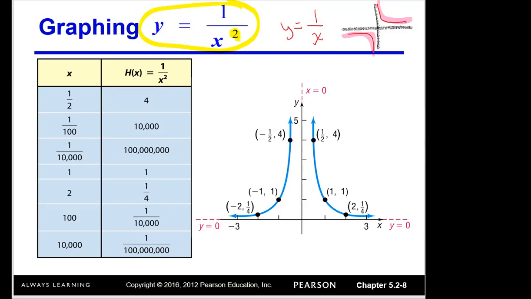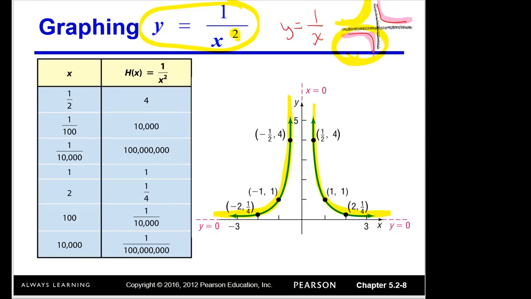And if you look at the graph, you still have this guy, which is in the first quadrant, but you're going to have a mirror image of him in the second quadrant, because it's an even function, so it'll be symmetric around the y-axis. So it's almost like this guy here flips up and goes into quadrant number 2, like that.